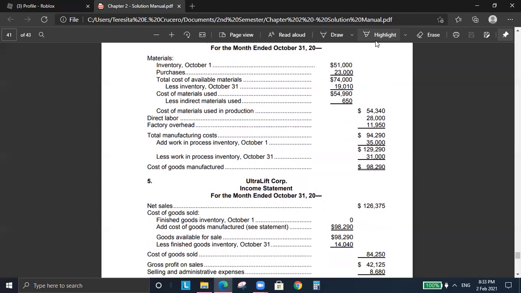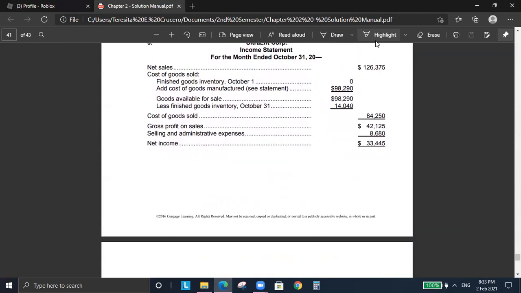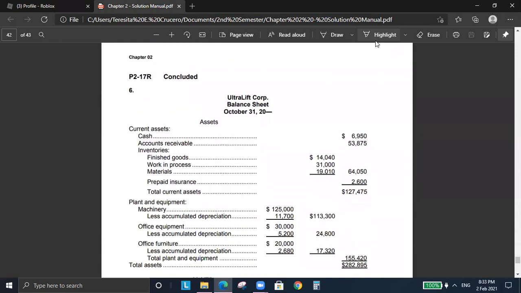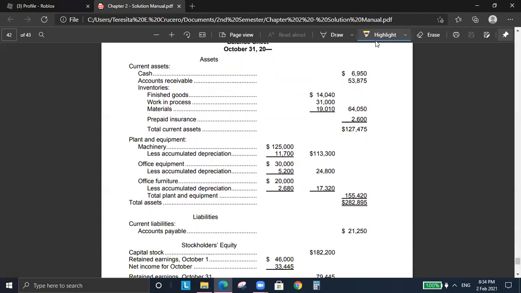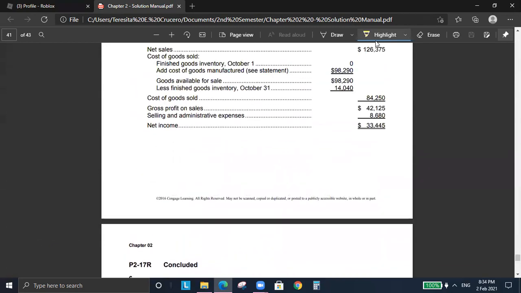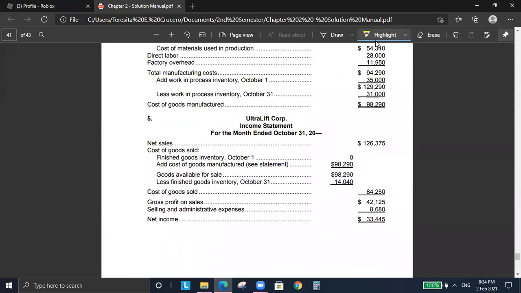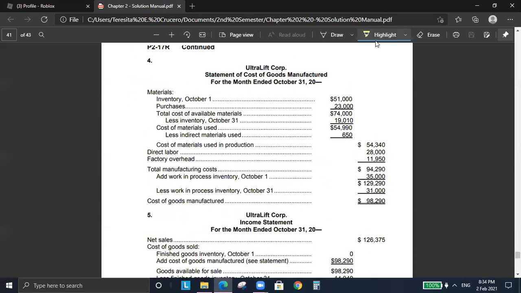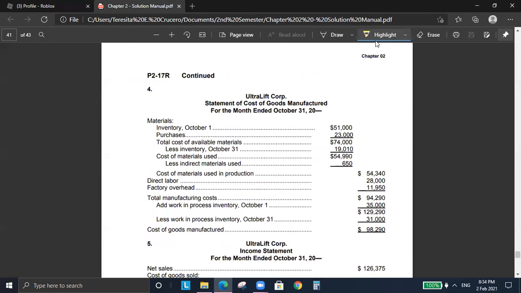Requirement number 5, we have to prepare an income statement. The income statement is also taken from your balances in the T accounts.